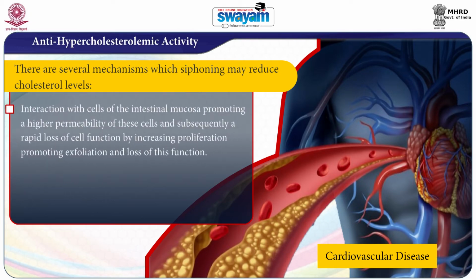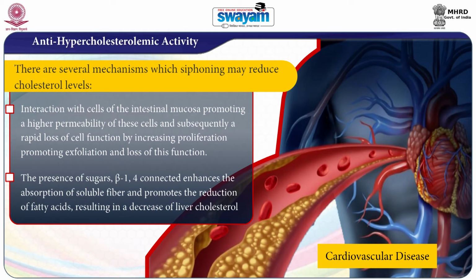Interaction with cells of intestinal mucosa promotes higher permeability of these cells and subsequent rapid loss of cell function by increasing proliferation, promoting exfoliation and loss of this function. Thus, it contributes to further increase in excretion of cholesterol. The presence of beta-1,4 connected sugar enhances the absorption of soluble fiber and promotes the reduction of fatty acid, resulting in a decrease of liver cholesterol.